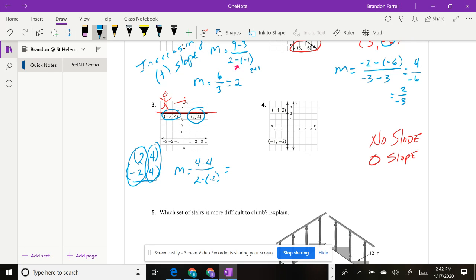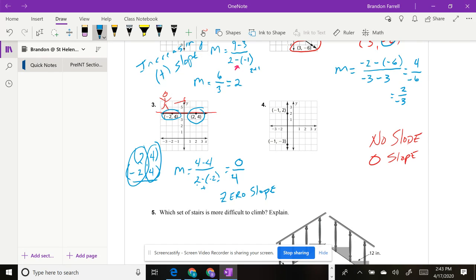This simplifies down to 4 minus 4 is 0, and 2 plus negative 2, or 2 plus 2, is 4. And this is actually a 0 slope. Very important concept for you to learn as you go into Integrated 1.